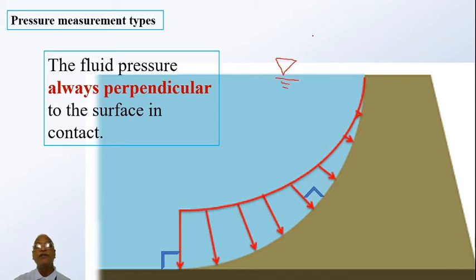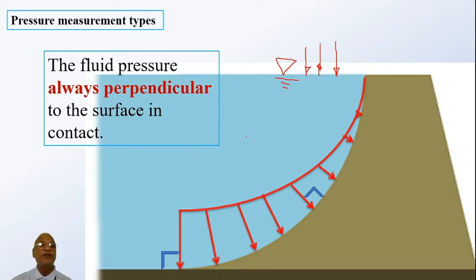This indicates that it is open to atmospheric pressure, and the surface is perfectly horizontal. Liquids always have a horizontal surface, which is subjected to atmospheric pressure from the top. So the pressure acting on top of this surface is always atmospheric pressure. Okay, now this surface is perfectly horizontal.